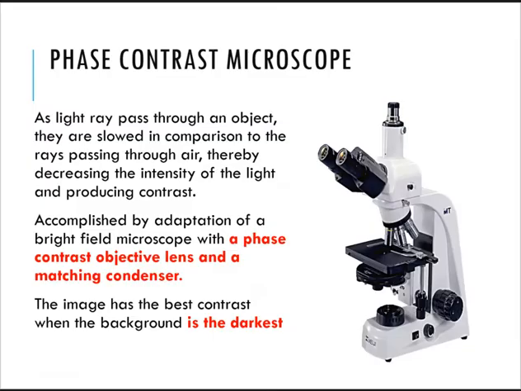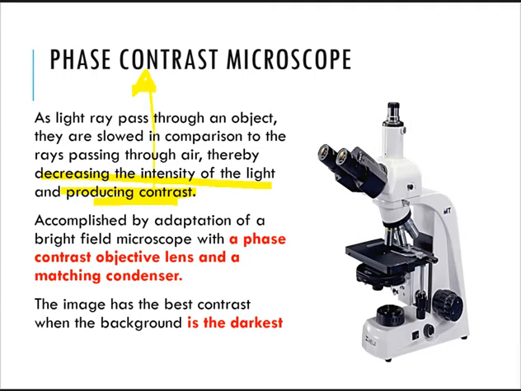Now next, we have your phase contrast microscope. As light rays pass through an object, they are slowed in comparison to the rays passing through air, thereby decreasing the intensity of the light and producing contrast. Therefore, phase contrast. It is accomplished by adaptation of a bright field microscope with a phase contrast objective lens and a matching condenser.